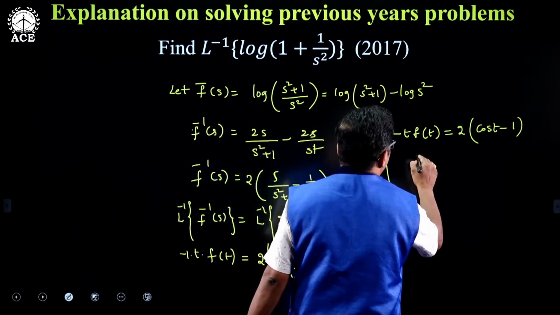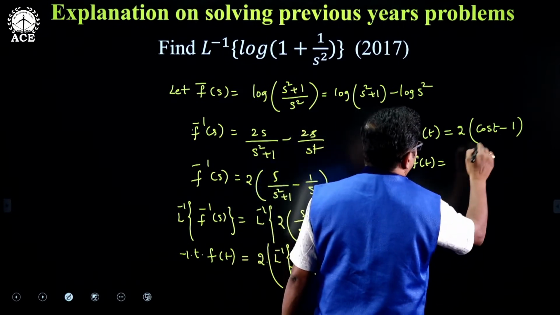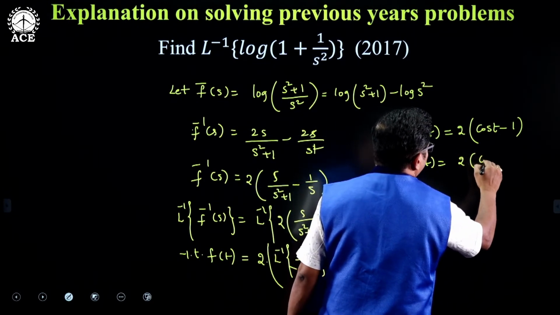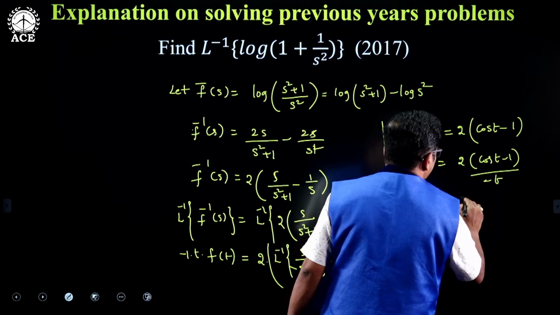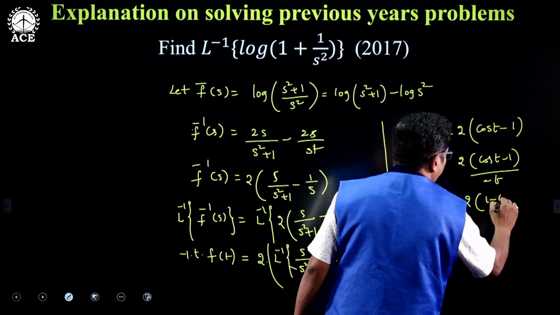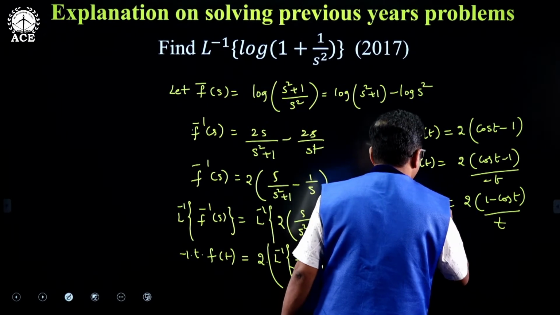So then from this, f of t equals, if I bring minus t to that side, cos t minus 1 by minus t, which equals 2 into 1 minus cos t by t. This is f of t.